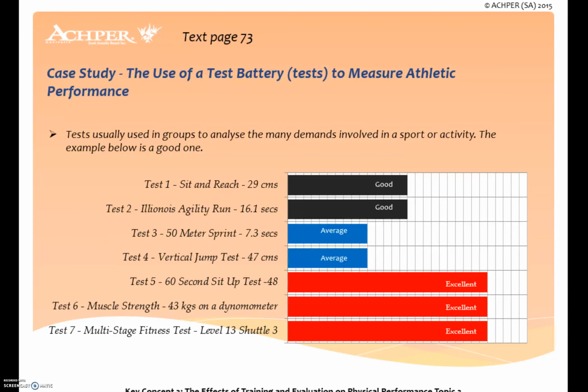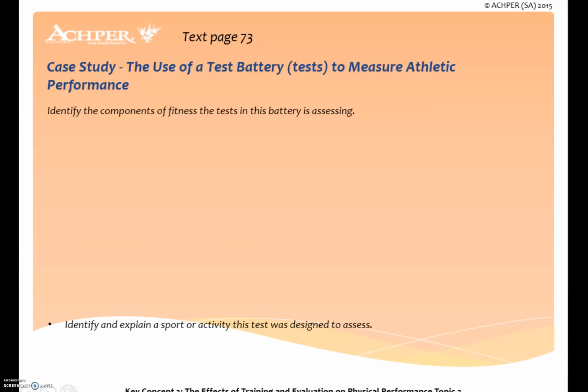The 60-second sit-up test is muscular endurance. The strength test with the dynamometer is muscular strength. And the multi-stage fitness test is cardiovascular endurance. So we can see this athlete has reasonable cardiovascular endurance, reasonable muscular strength of the hand, and good muscular endurance. However, speed and power is probably where they're lacking.